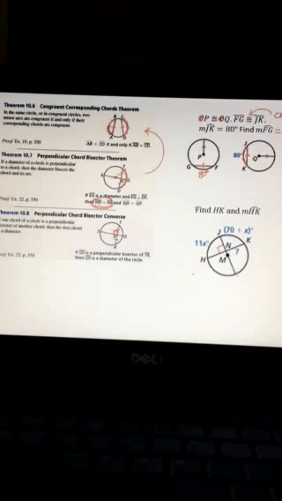Well, the only way for this to happen is if SQ was the diameter, just like we talked about on the previous one. The only way you're going to get this perpendicular bisector thing is if this is your diameter. I didn't know he was my diameter because I don't see him going through the center in the picture. But the only way that's going to happen there is if he is going through the center, all right?